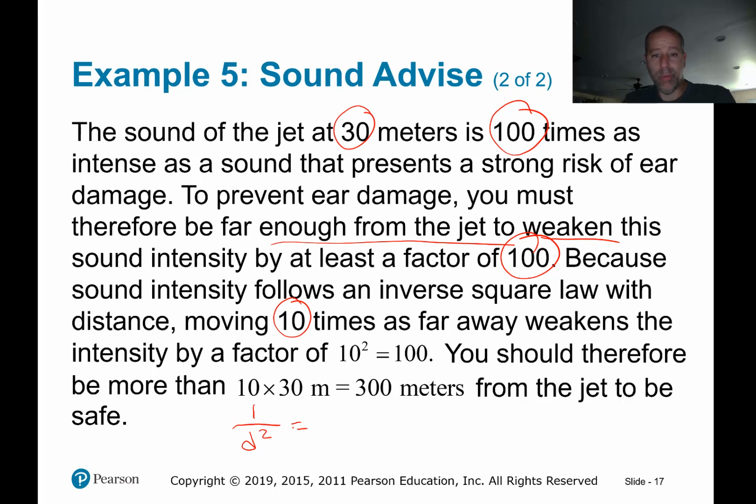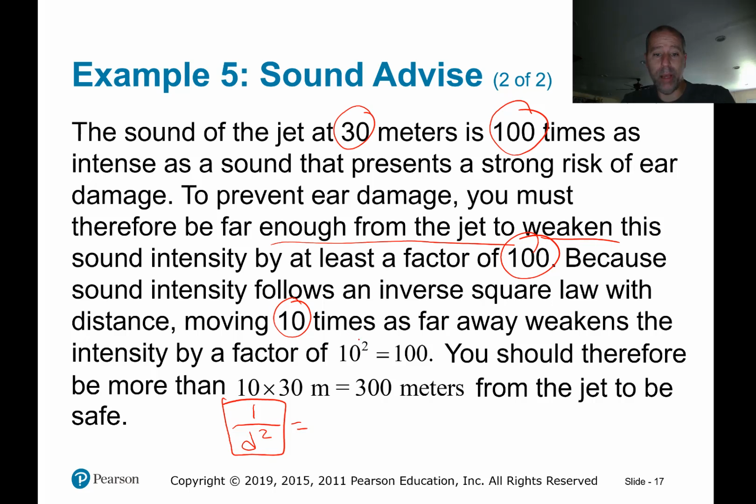Because we want to reduce the intensity by at least a factor of 100 through the distance, right? And so we're going to use this formula here to figure that out. Okay? And so we want to reduce it by a factor of 100.